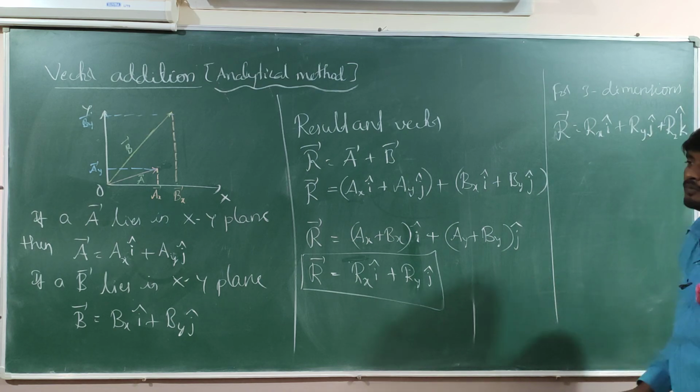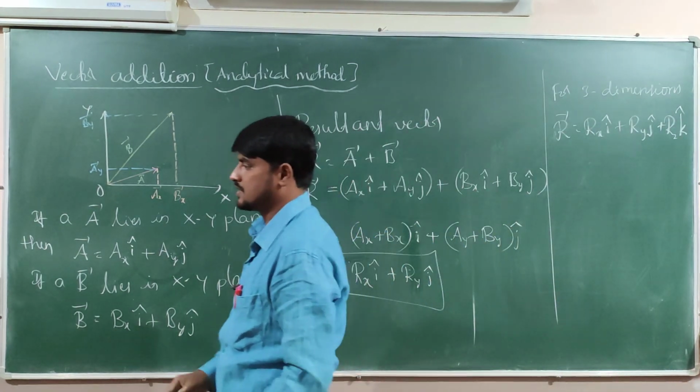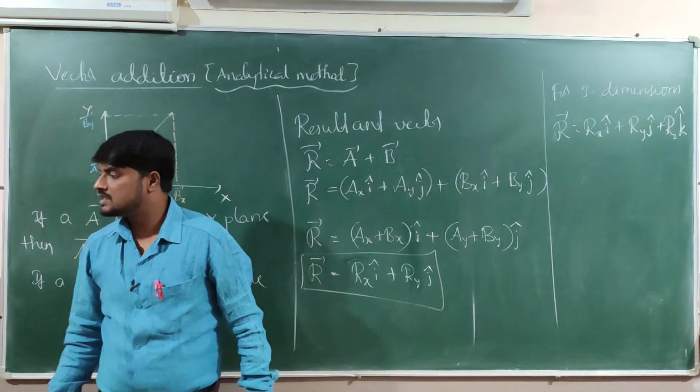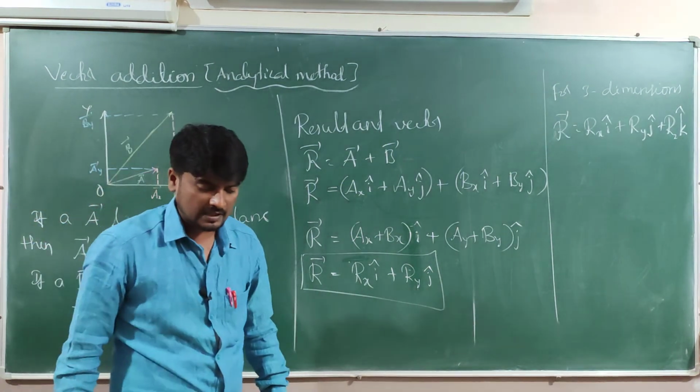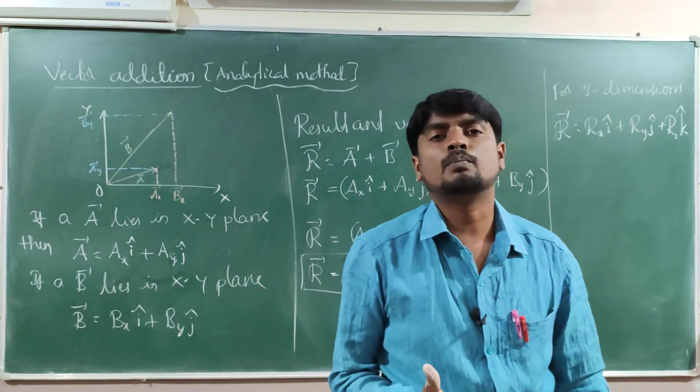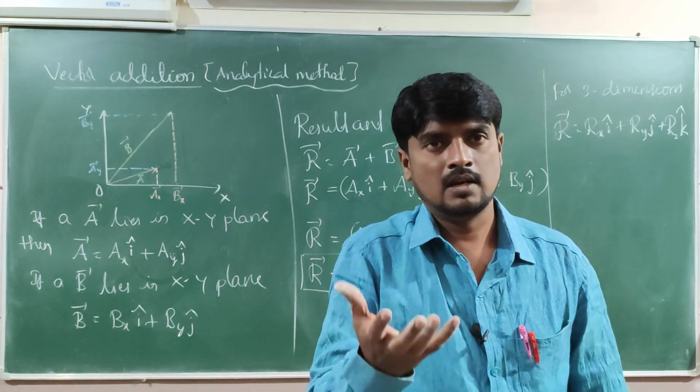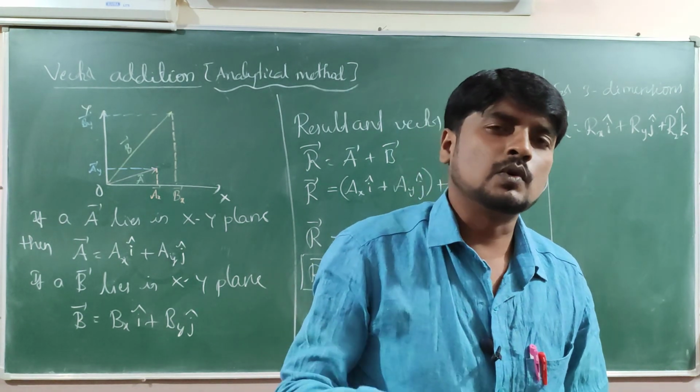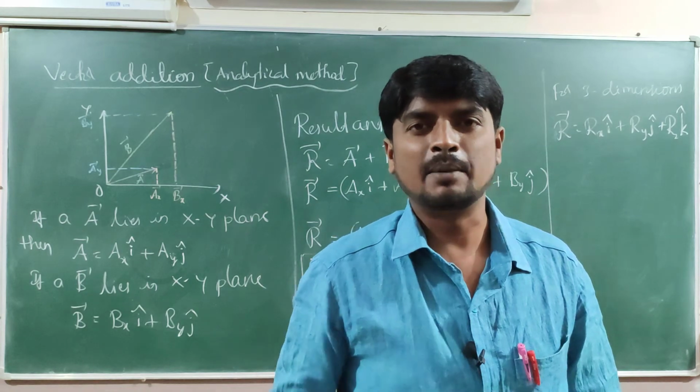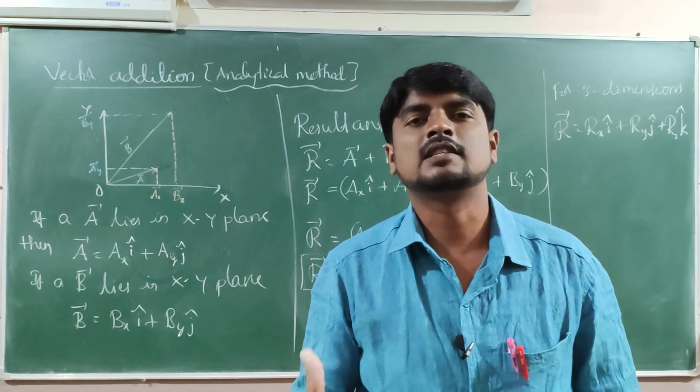This is for 3-dimensional objects. So now friends, with these fundamentals, once it is possible to locate a vector in a plane, it is also possible to locate the same vector in 3 dimensions, that means in space.